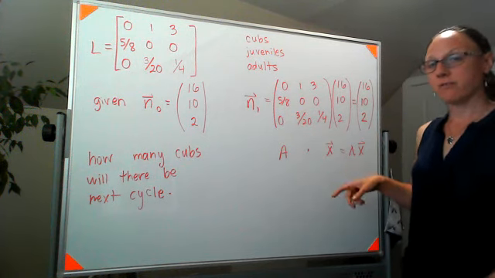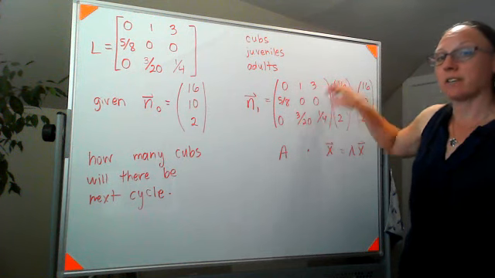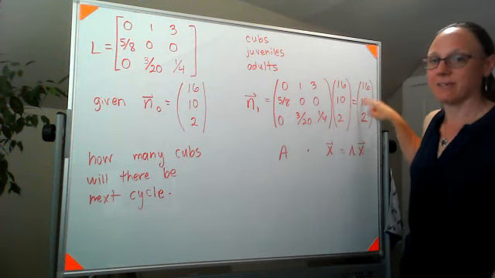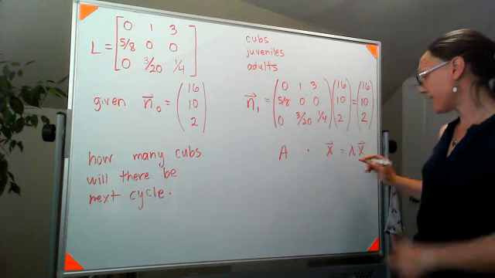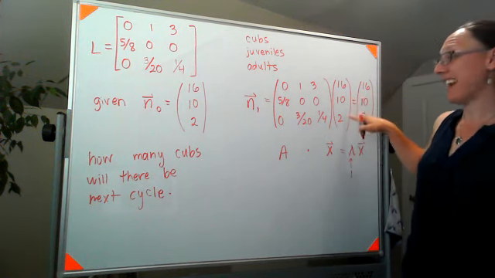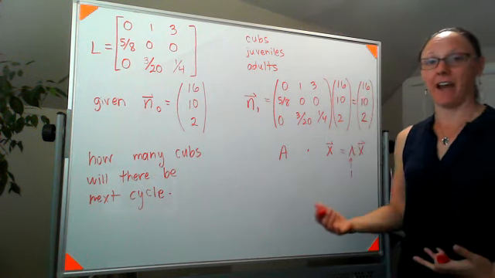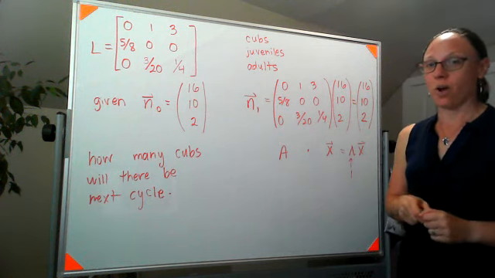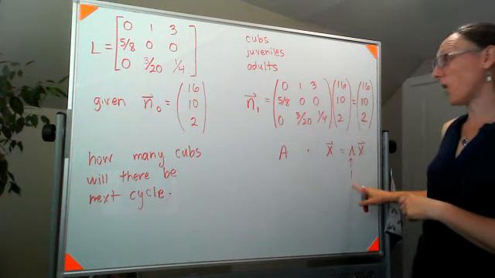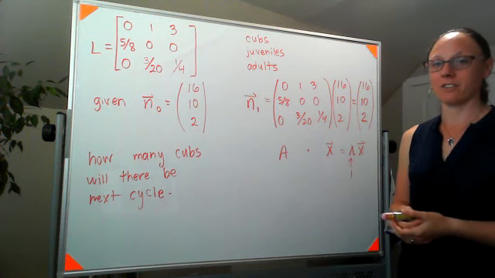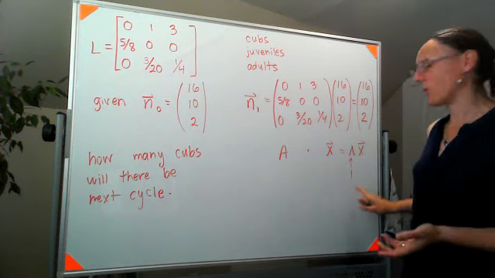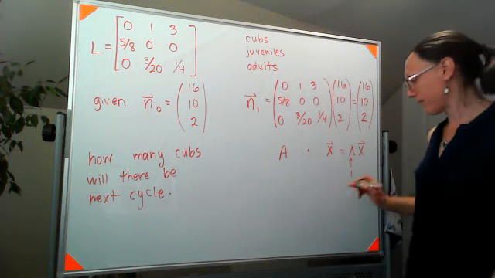Well, what we just saw is that we had a matrix, we multiplied by a vector, and we got a constant times that same vector back. The constant happened to be 1, but this tells me that 16, 10, 2 is in fact an eigenvector. So I could ask you to find, well, so lambda equals 1, that's one of the eigenvalues of this matrix. Well, what are the other eigenvalues?